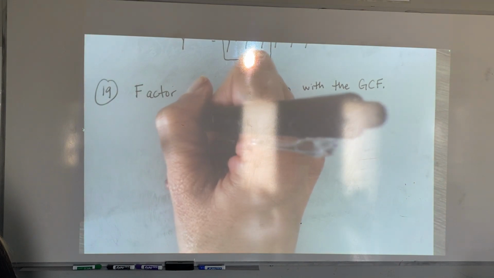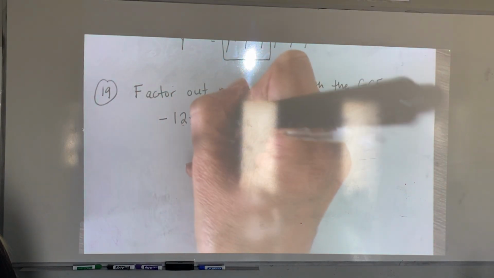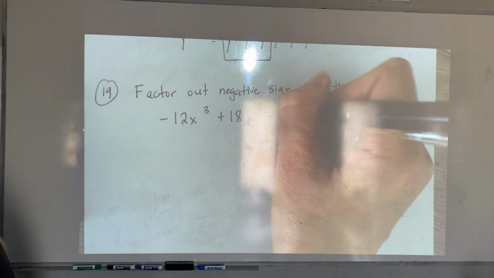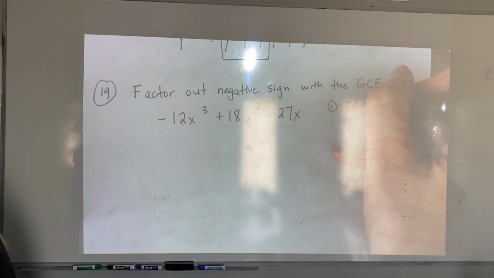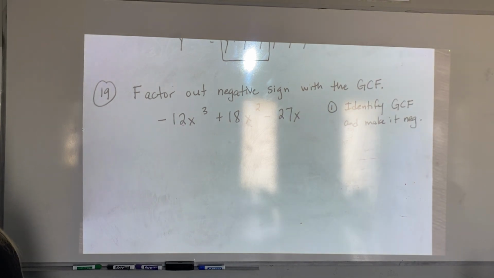So it's going to give you a polynomial that starts with a negative term. So step one would simply be identify the GCF and make it negative.